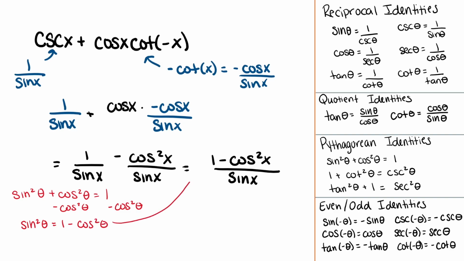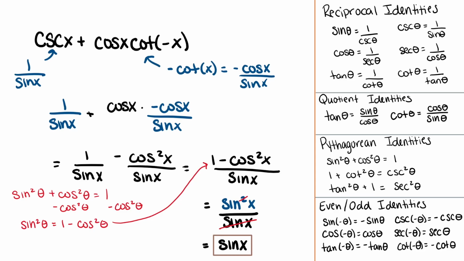So now we can put that in our numerator. We know that 1 minus cosine squared x is sine squared x, over sine x. And that means we can simplify because we have sine squared on top and sine on the bottom. So this is equal to sine x. And that's the simplified form.